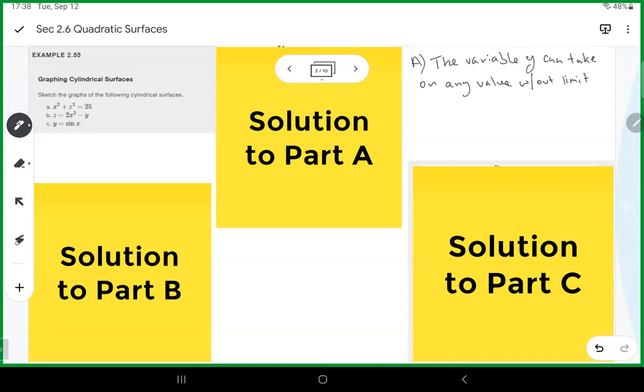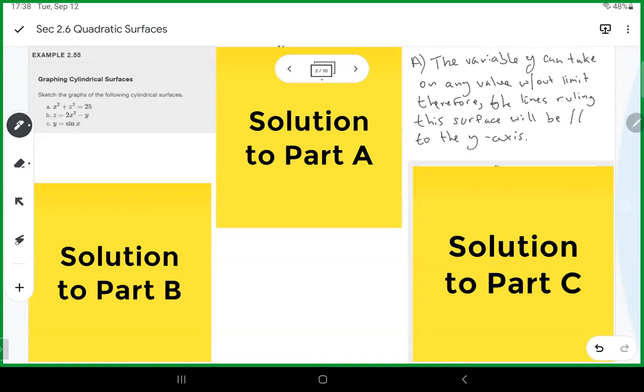And so, therefore, the lines ruling this surface will be parallel to the y-axis.